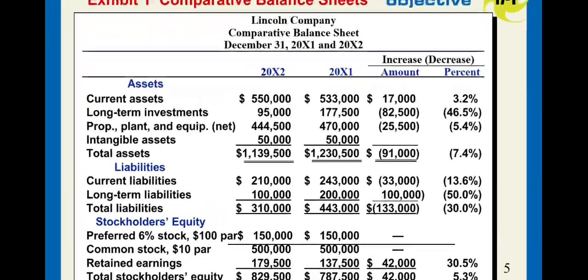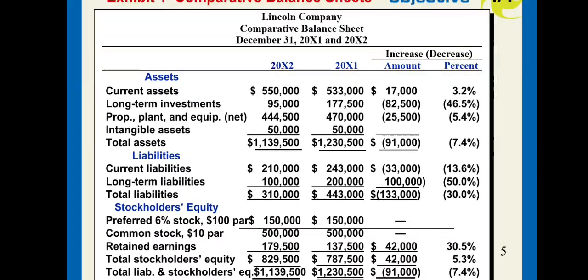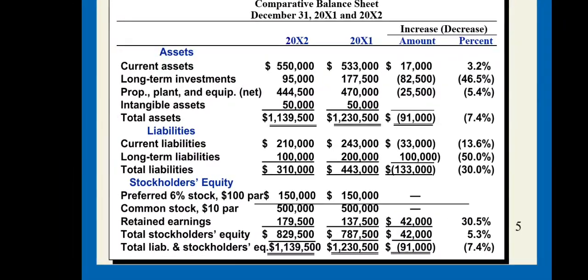To do the horizontal analysis, you have to have 2 years of data. See here, current year data and previous year data. For example, here we have Lincoln Company comparative balance sheet, December 31st 2000x1 and 2000x2. So to do this horizontal analysis, you have to have 2 years of data, year 2000x2 and year 2000x1.